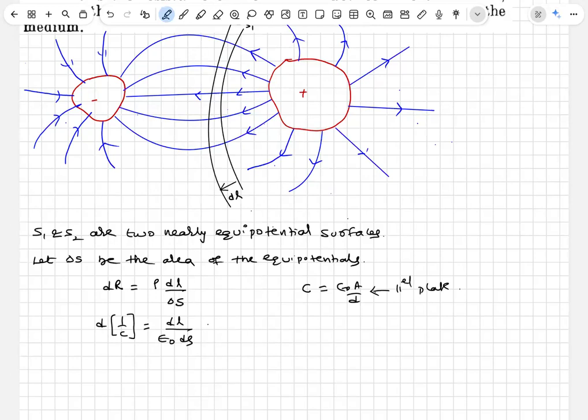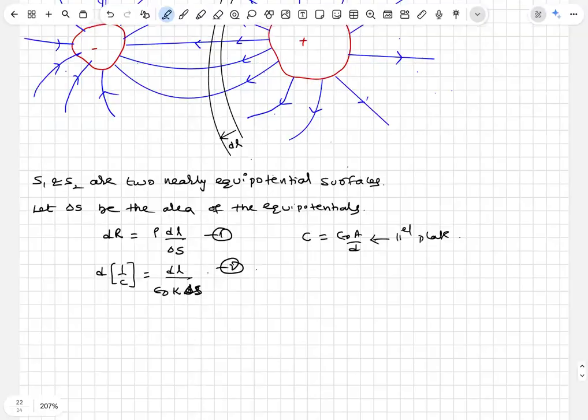And there is a dielectric constant also, no? So take both. dl by ds can be written as this, a constant totally of the medium.